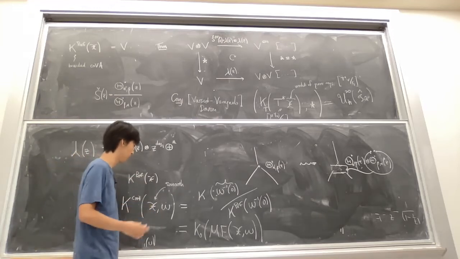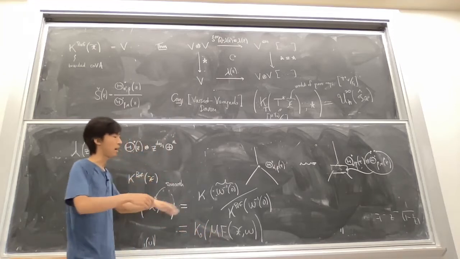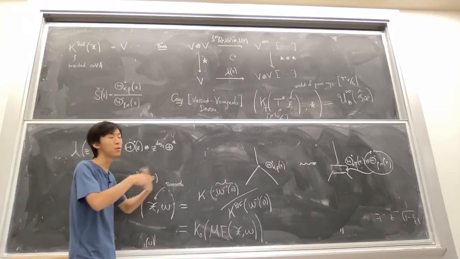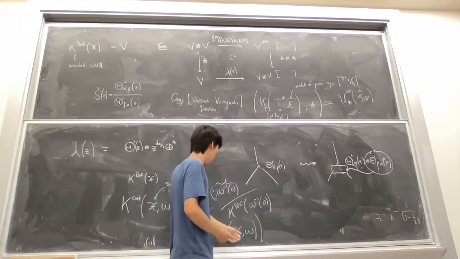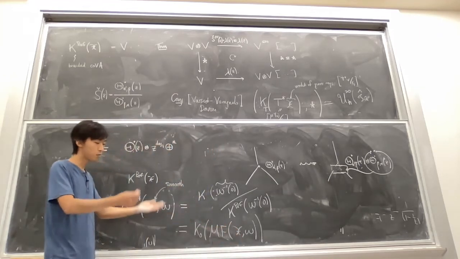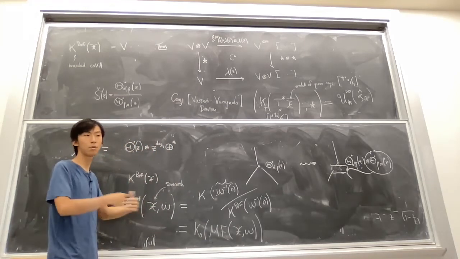What's a matrix factorization? It's some two periodic, or almost two periodic, complexes on your ambient space X. And for a smooth ambient space, it doesn't really matter if you ask for complexes of sheaves or complexes of vector bundles, they're all the same.